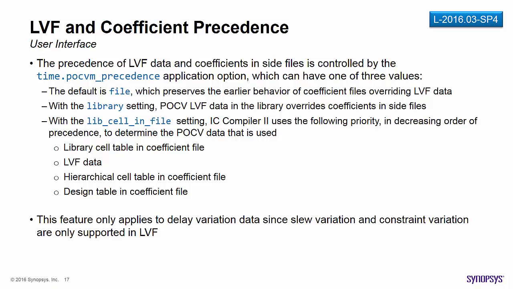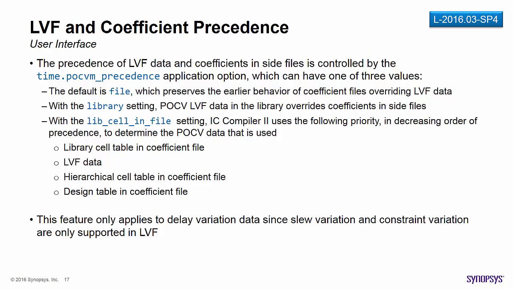With the library setting, POCB LVF data in the library overrides coefficients inside the file. With the library cell in file setting, ICCII uses the following priority, in decreasing order of precedence, to determine the POCB data that is used.